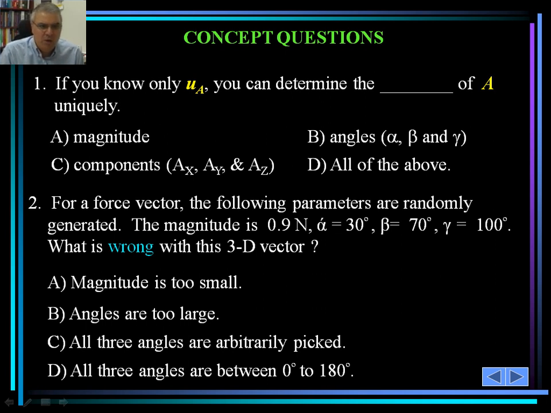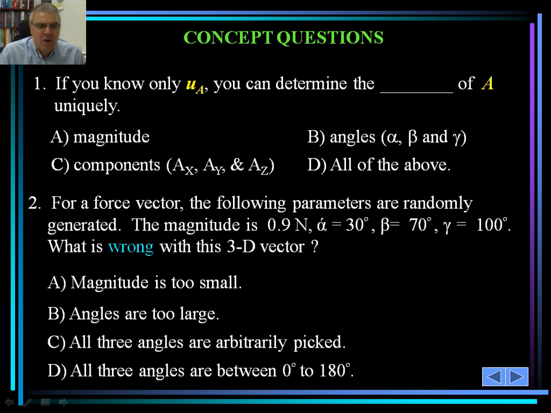So what is wrong with the 3D vector? A, magnitude is too small. B, angles are too large. C, all three angles are arbitrarily picked. And the reason for that is these are picked at random, and that's what is really wrong with it.